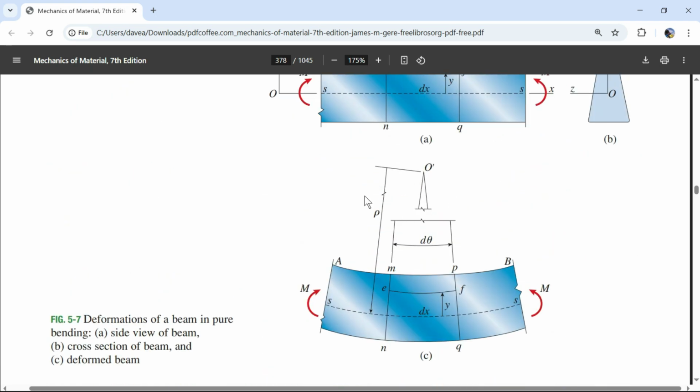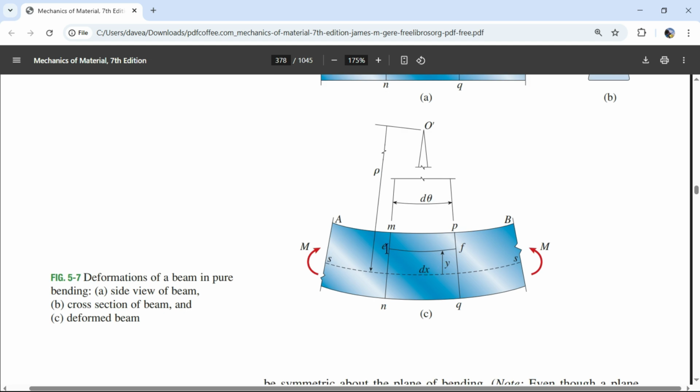Because if radians times radius is dx, let's say this radius is half, rho divided by 2. So I'm going to take radians times half of rho, and that should give me half of dx. So that gives me this length as a function of the radius.